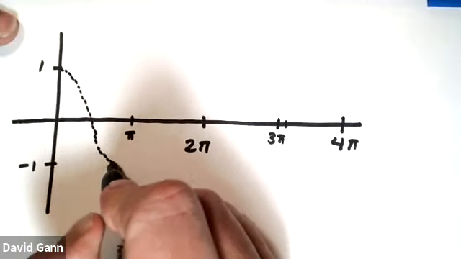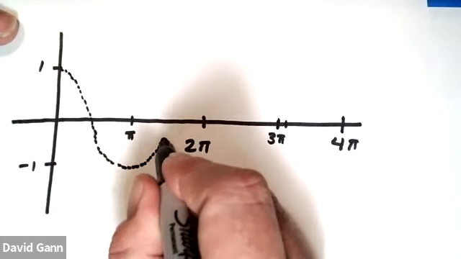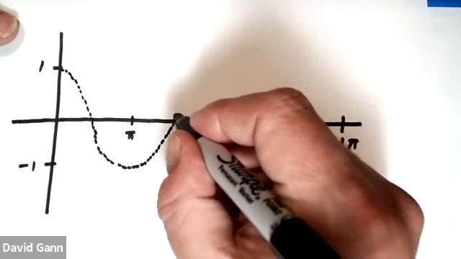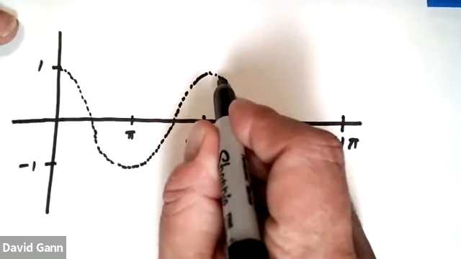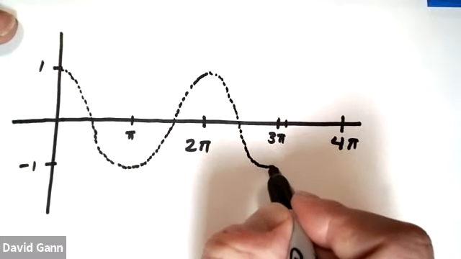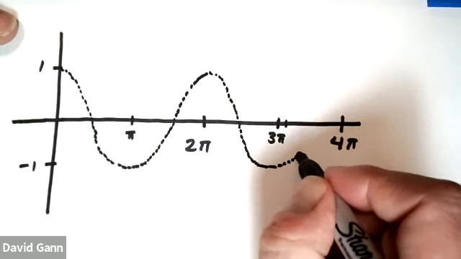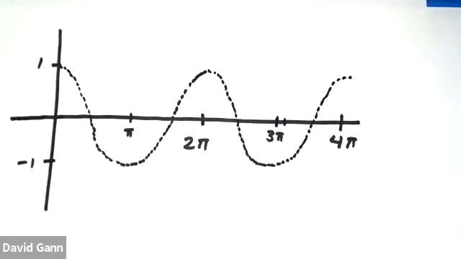We achieve a minimum at pi, back up through the x-axis to a maximum, and then repeat the process one more time. This isn't a real great graph, but I think we've seen this enough to know what's going on.